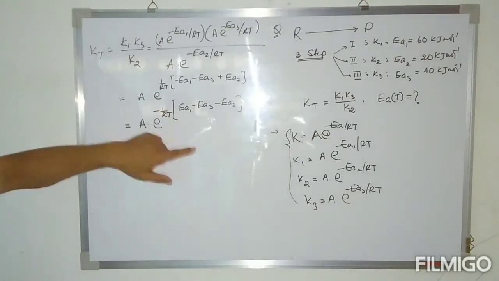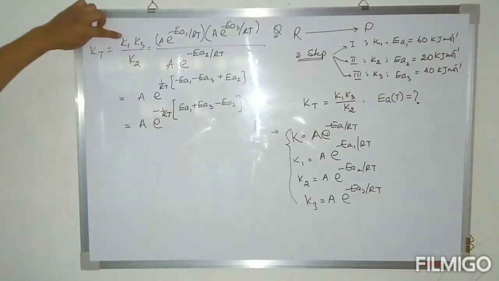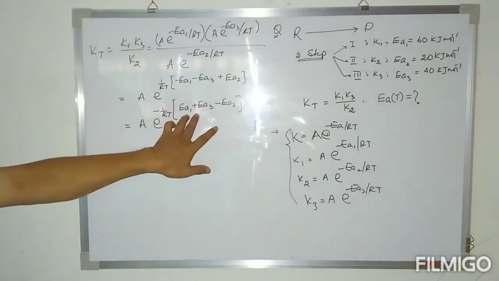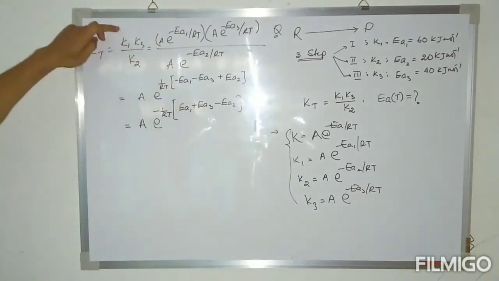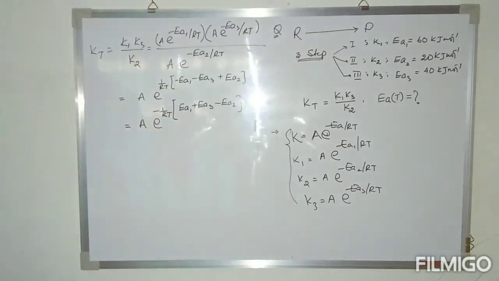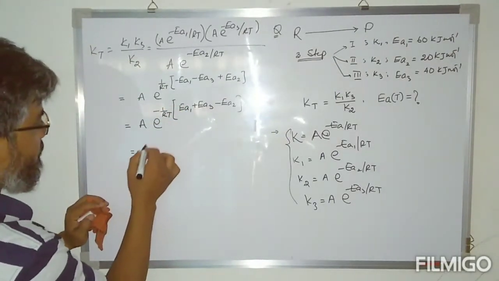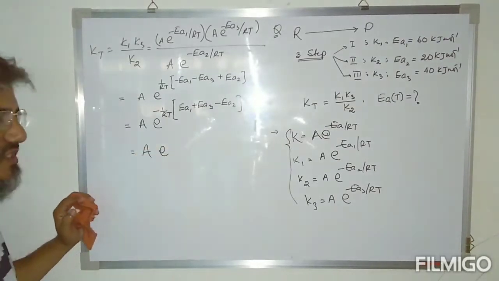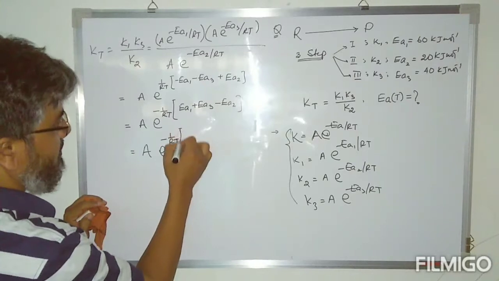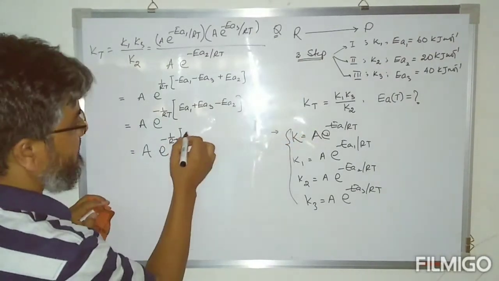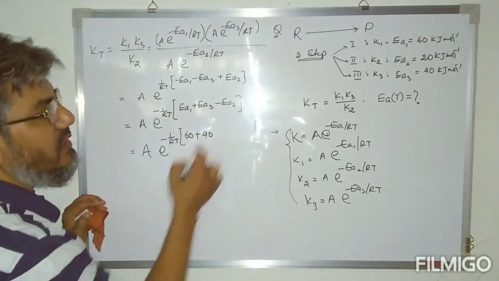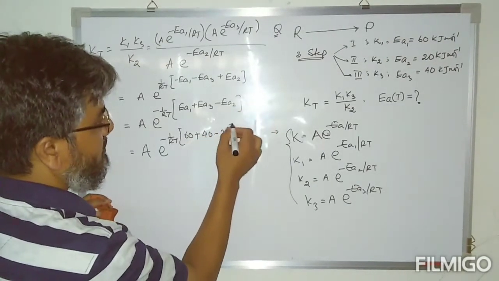So there is a relation. If the rate constants are multiplied, then activation energies are added. If the rate constant is divided, then activation energy is subtracted. So this is equal to A exponential minus 1 by RT, EA1 is 60, EA3 is 40, EA2 is 20.